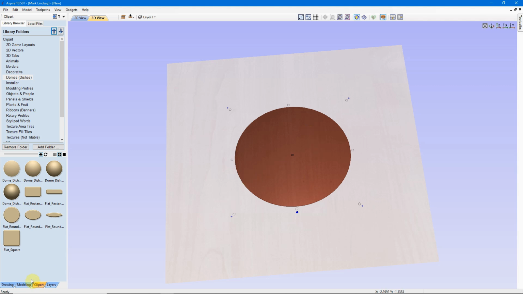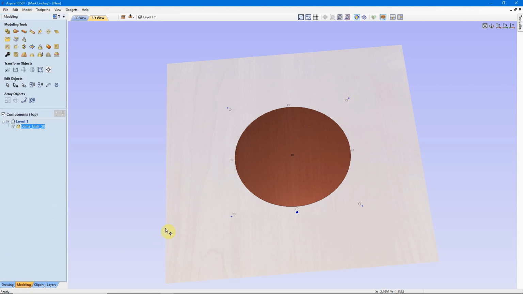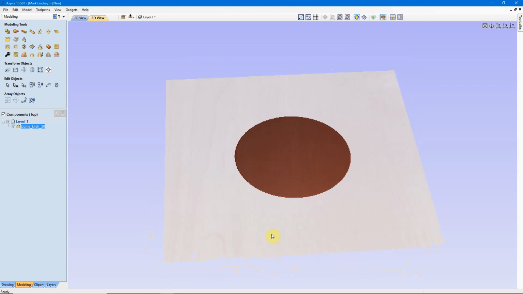Now let's go over to the Modeling tab for a second. Something to remember in working with 3D models in vCarve and Aspire is that the software models from the bottom up. So the bottom of the model is this visual representation of the surface, the modeling plane, and everything we add sits on top of that.